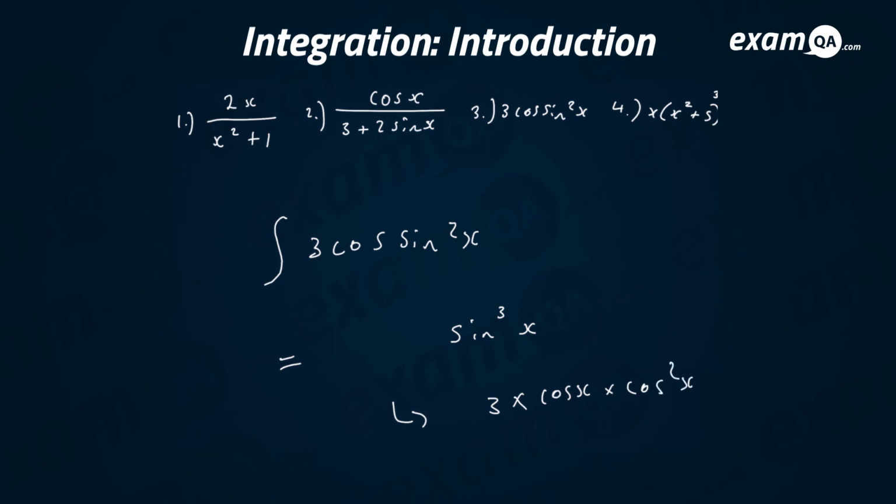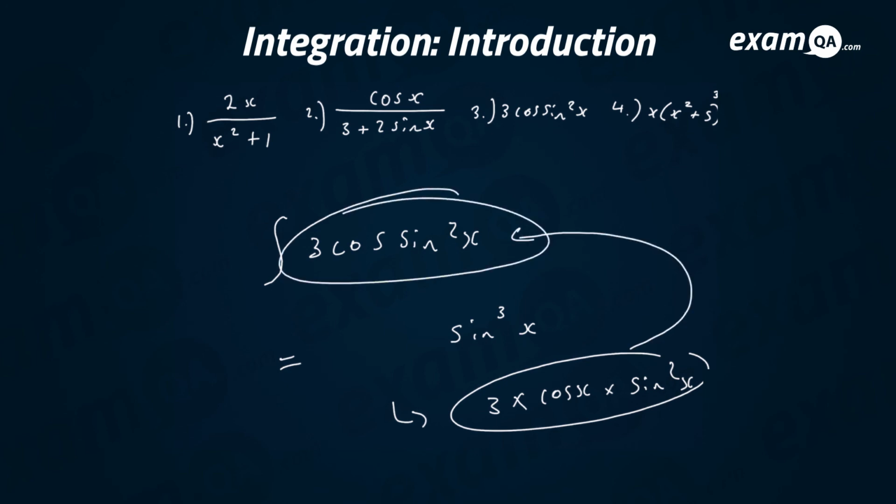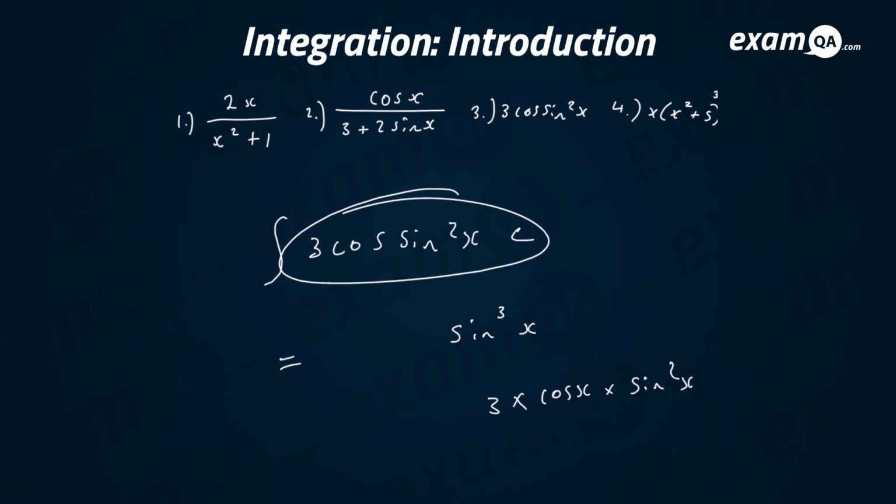Do you see that? You have to be able to differentiate perfectly for you to see something like this. In fact, I wrote the wrong thing. Sine squared x, sorry. And look, it's exactly what the integral wanted it to be. I don't even need to adjust it.